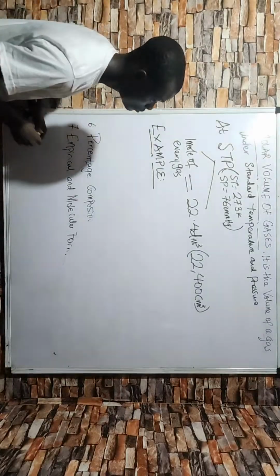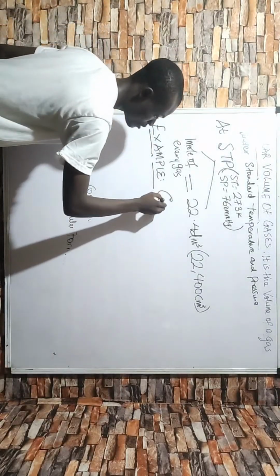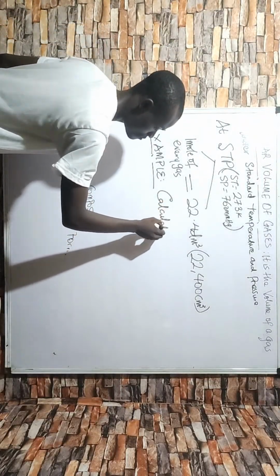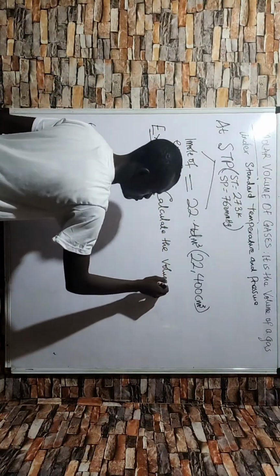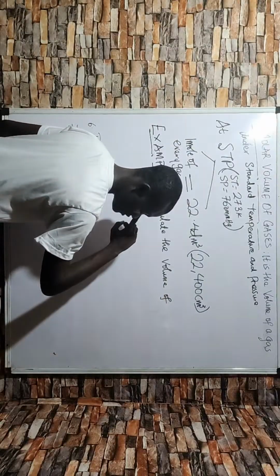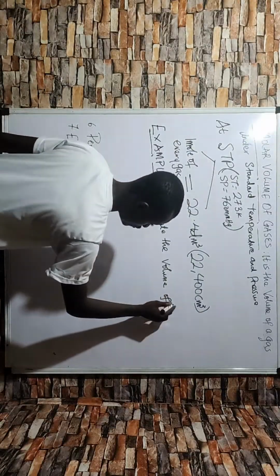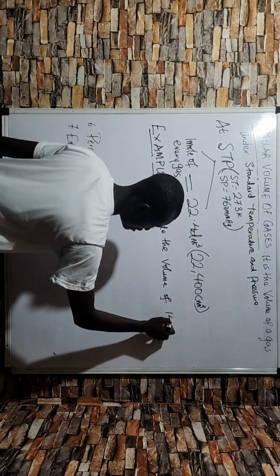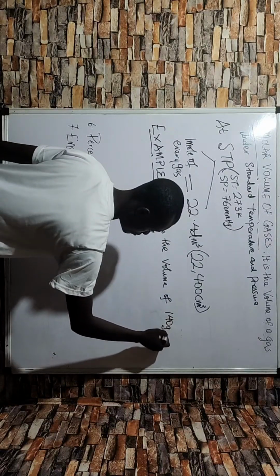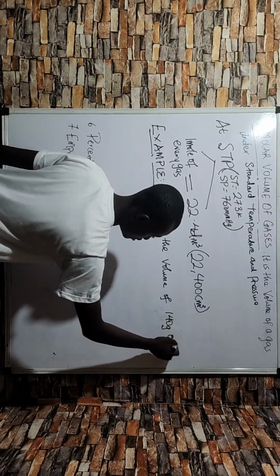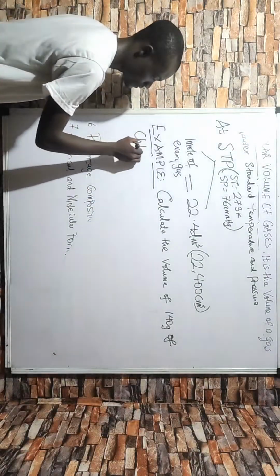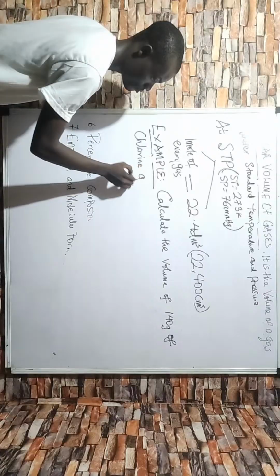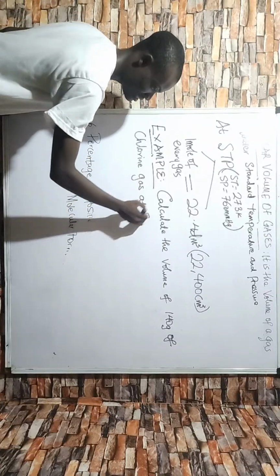Let's say we are told to calculate the volume of 140 gram of chlorine gas at STP.